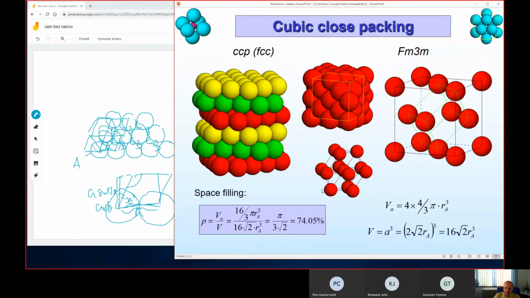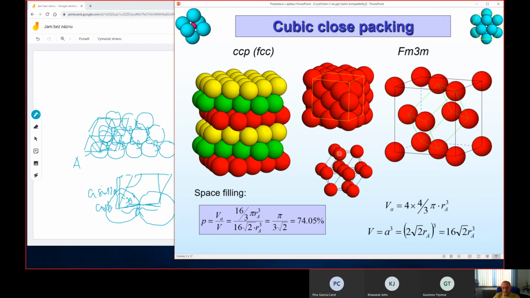And in this case, each atom is again 12-fold coordinated. Again, 6 atoms are in the same arrangement as in a hexagonal unit cell, that means the hexagonal arrangement here. But then we have 3 atoms here and 3 atoms here, in this case in an anti-prismatic arrangement.